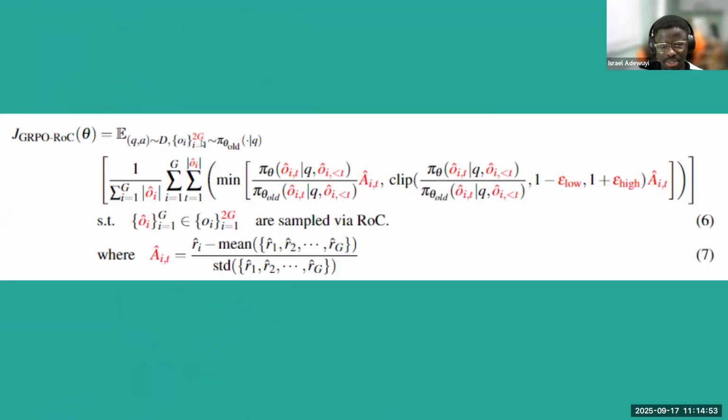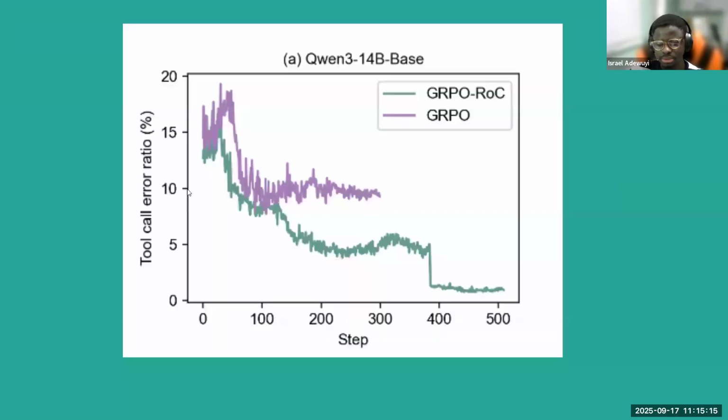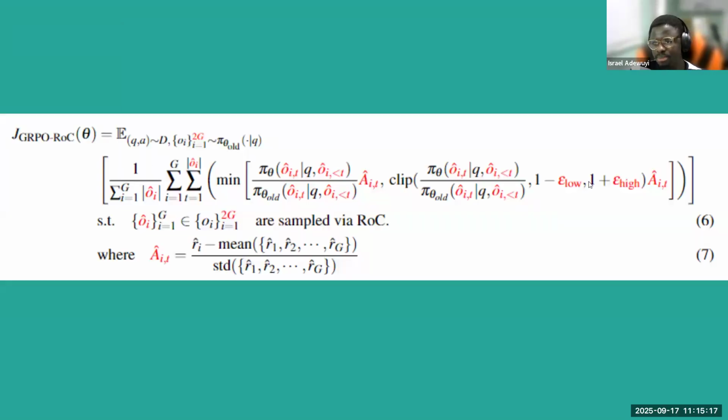Basically, the only difference between the original GRPO and this is that we are sampling 2G completions from the policy, then filtering G from the 2G set. Every other thing is the same as the original GRPO, probably except for the clipping epsilon term, decoupling the high and low term, which I think was introduced in the DAPO paper. But almost everything else is the same as GRPO, which I guess anybody is familiar with.